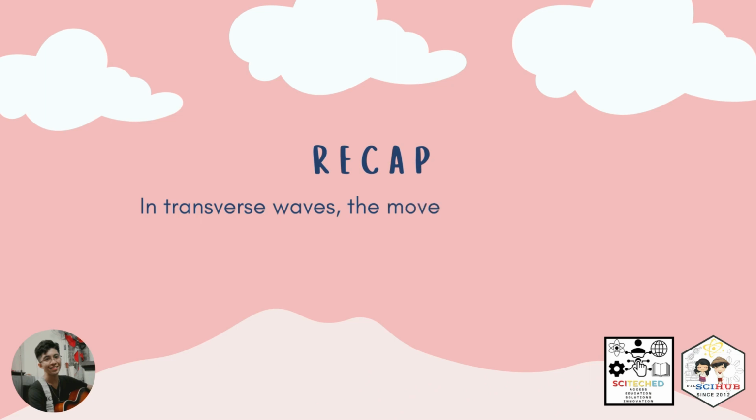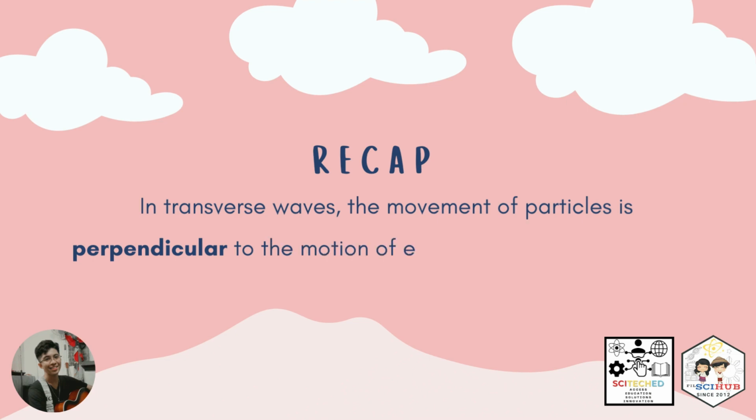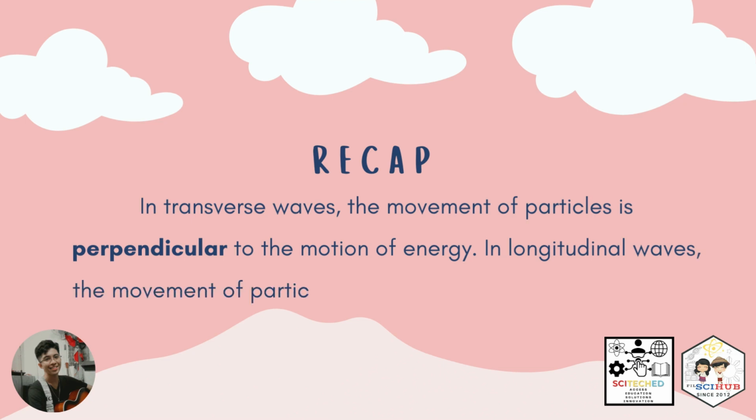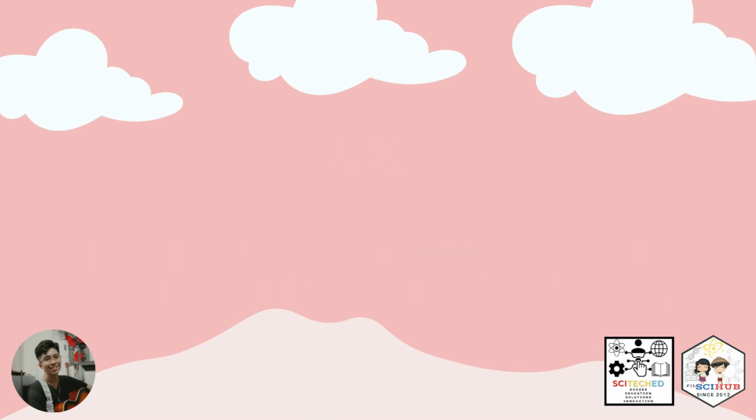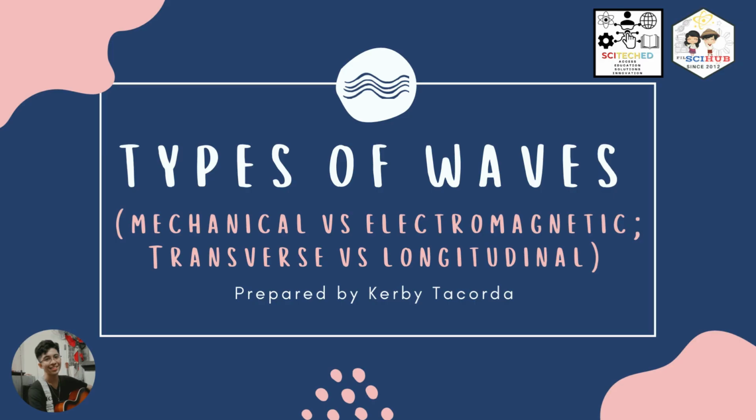In transverse waves, the direction of the movement of the particles and the direction of the energy are perpendicular to each other. Meanwhile, in longitudinal waves, the direction of the movement of particles and the direction of energy are parallel to each other. Alright, that would be all for our lesson about the differences between a mechanical wave and an electromagnetic wave, and the differences between transverse waves and longitudinal waves.